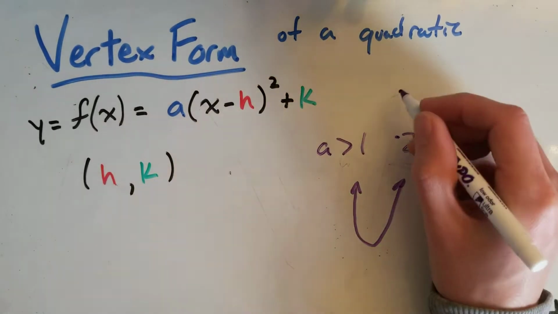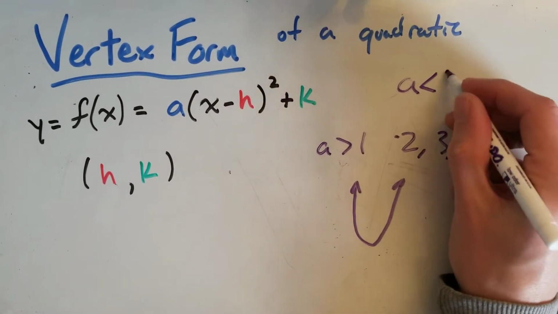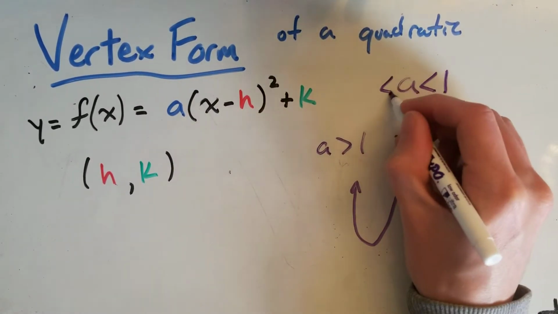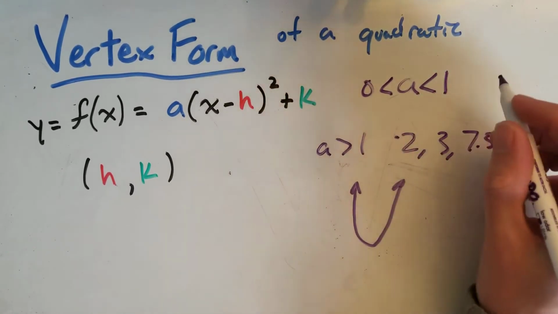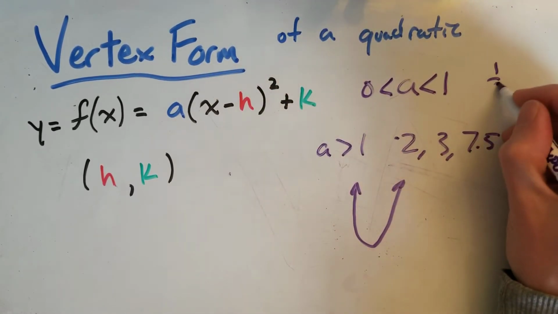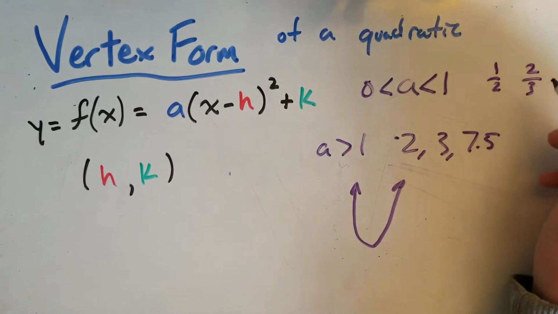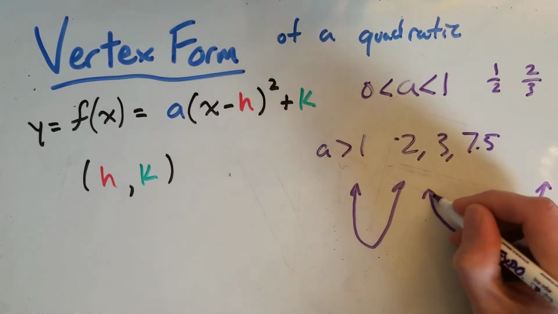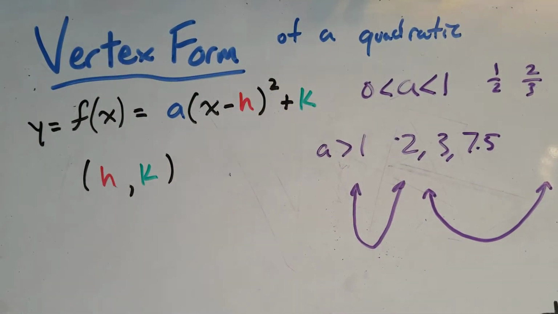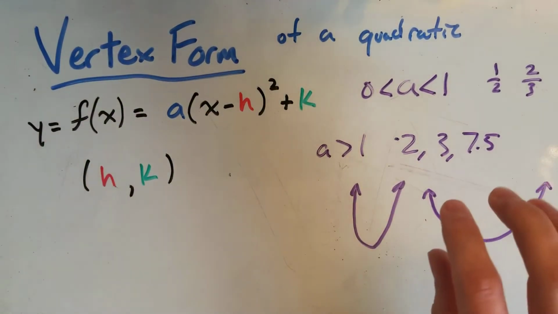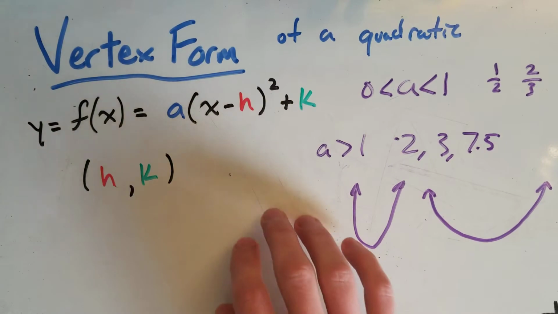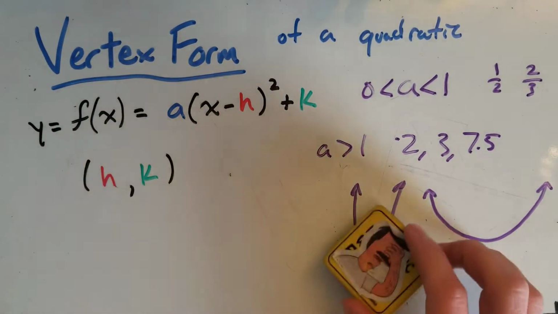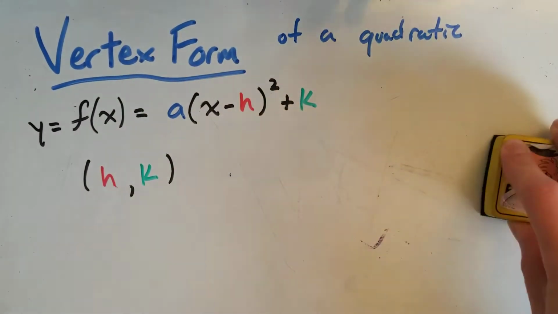And if a was less than 1, but greater than 0, like numbers like 1/2, 2/3, things like that, it's going to make the parabola get wider like this. And we'll see examples of this in our graphs today. So just by looking at these certain values in our form, we should know what to expect with the graph.